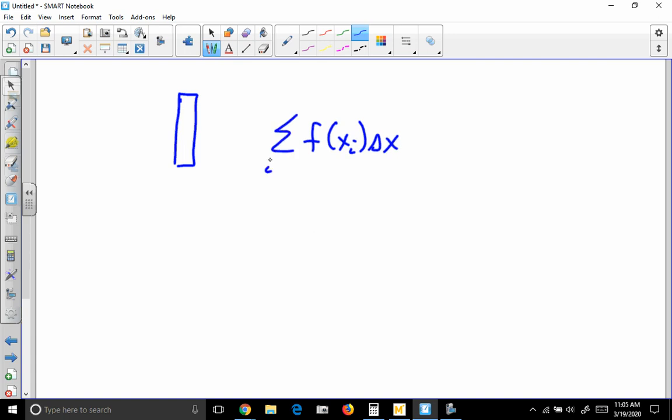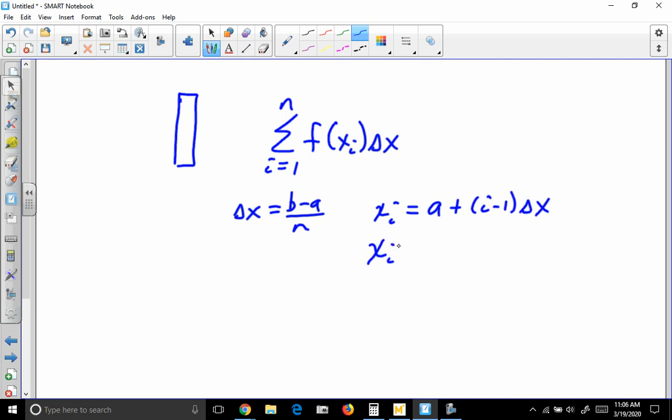We're going to sum those from 1 to n, where delta x is b minus a over n, where x sub i for a left-hand sum is a plus i minus 1 times delta x, and for a right-hand sum, it's a plus i times delta x. So let's evaluate a sum using these formulas.